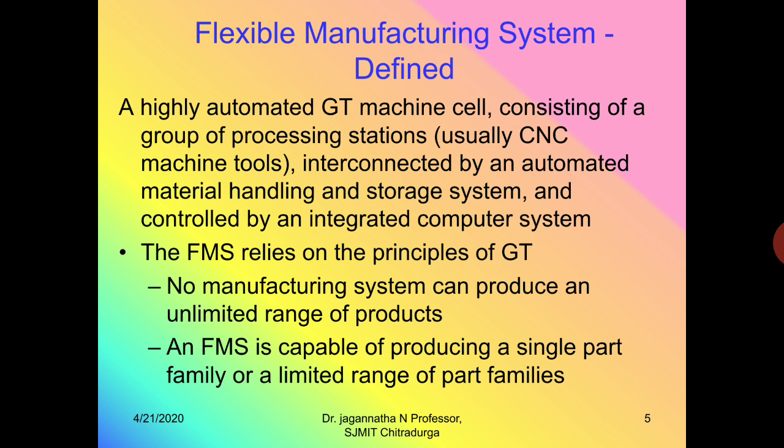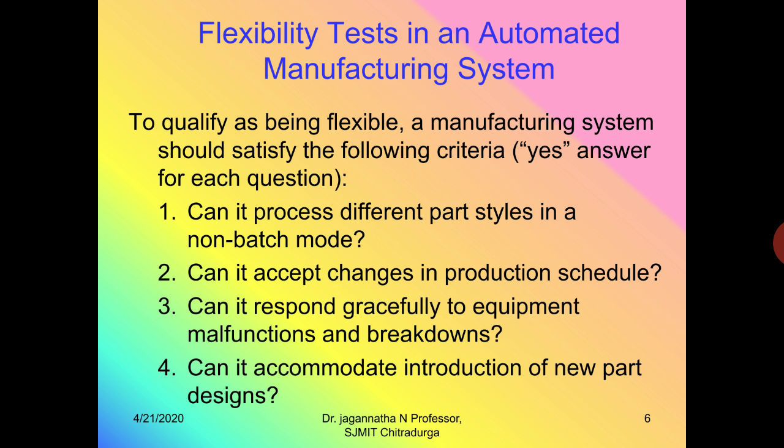The flexible manufacturing system relies on the principle of group technology. No manufacturing system can produce an unlimited range of products. A flexible manufacturing system is capable of producing a single part family or a limited range of part families.